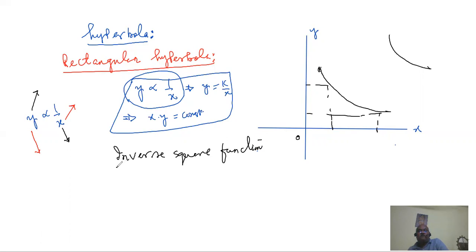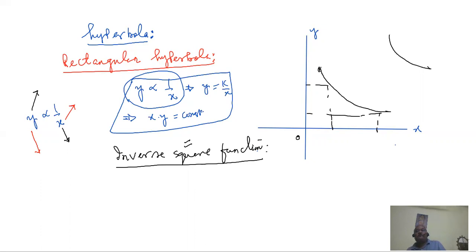Basically, you will be coming across 3 different fields in your 11th and 12th studies. One is the gravity field, second is electric field, and third is magnetic field. The formulas of the force and all those things, they obey this rule. They are all inverse square functions.